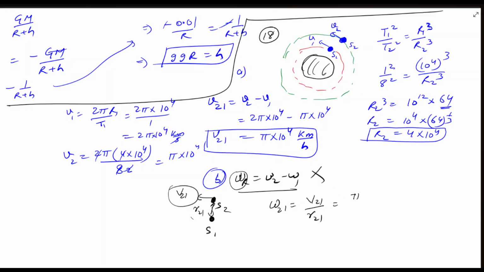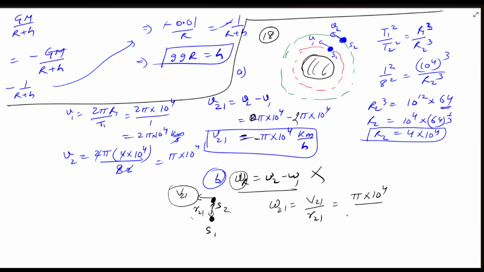So V21 we have calculated as pi into 10 raised to power 4. Of course, it will be negative, right? V1 will be moving a bit faster. So omega will be this upon R21.